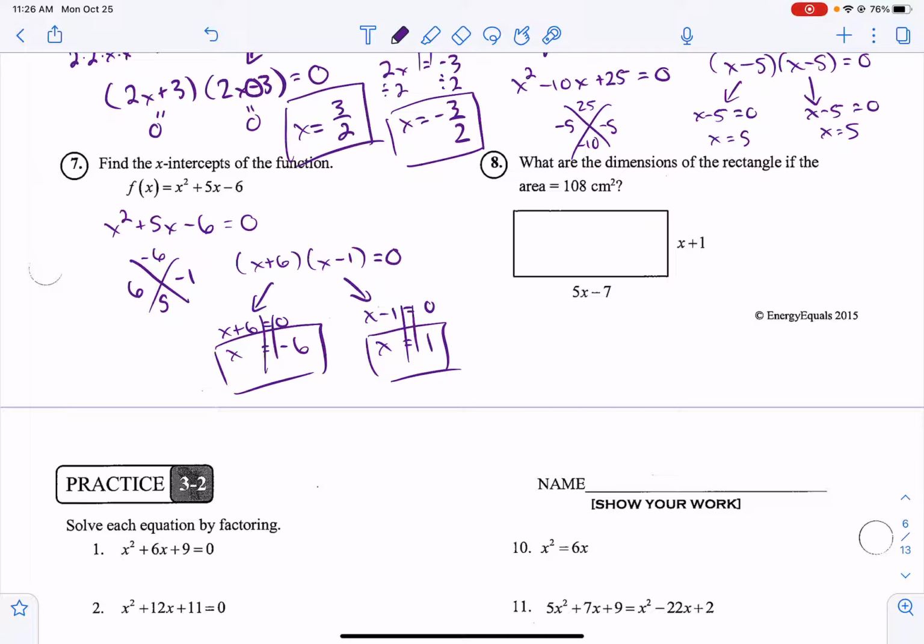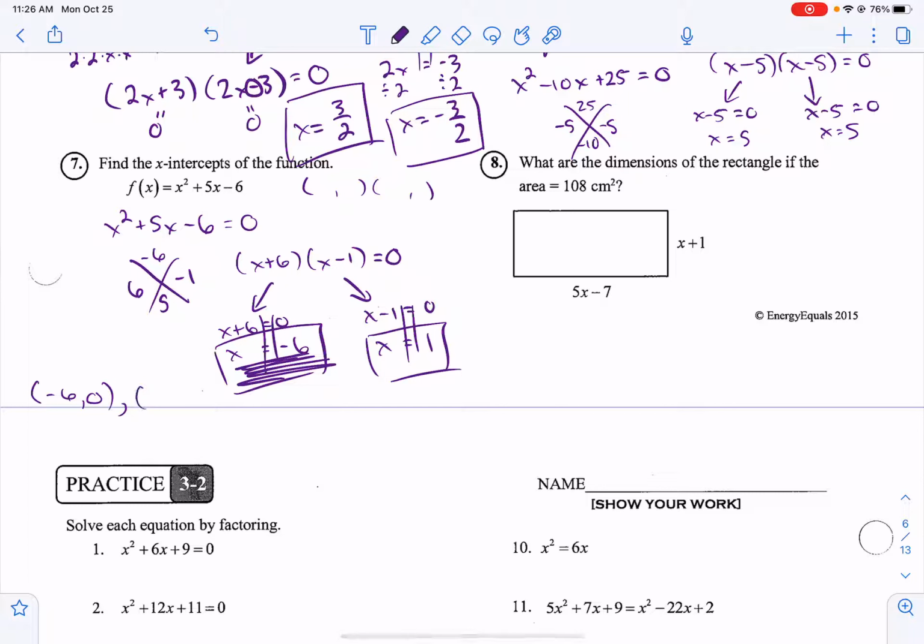Here's the difference. The x-intercepts, when we write our answer, we want to write points. We don't just want the x value. We want our x and y points. So my answer would actually be when x is negative 6, this is coming from right here, then y is 0. That's one of my answers.